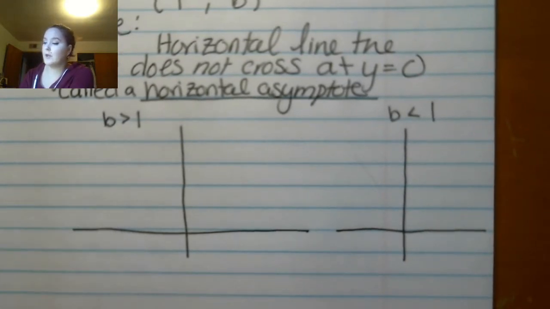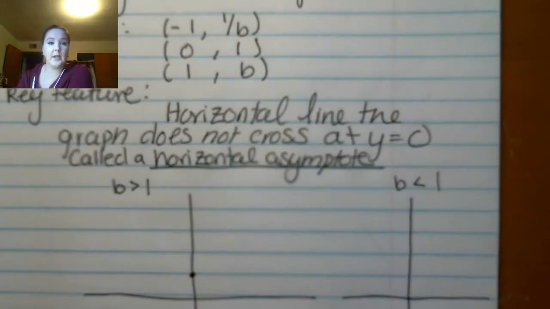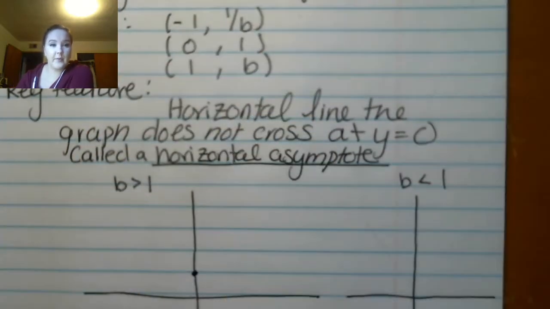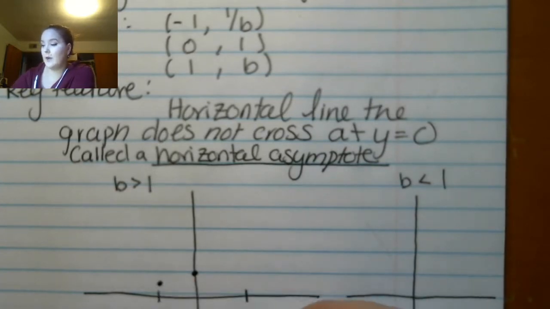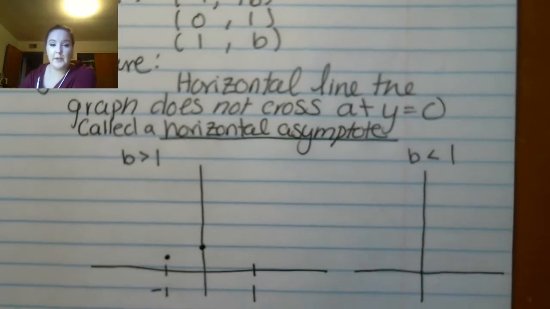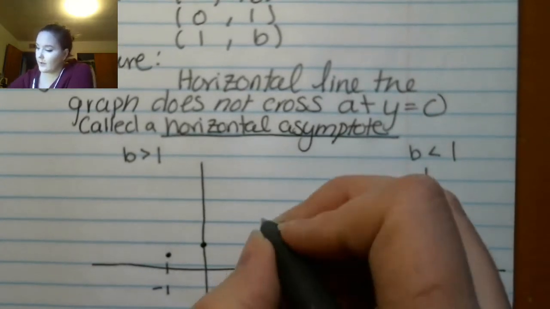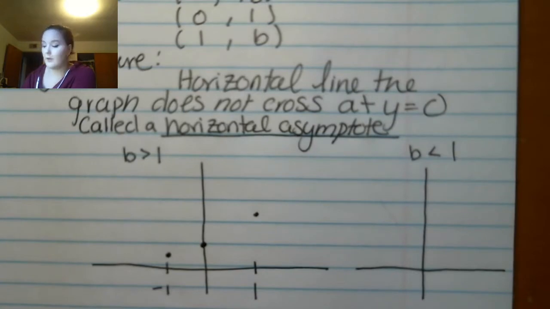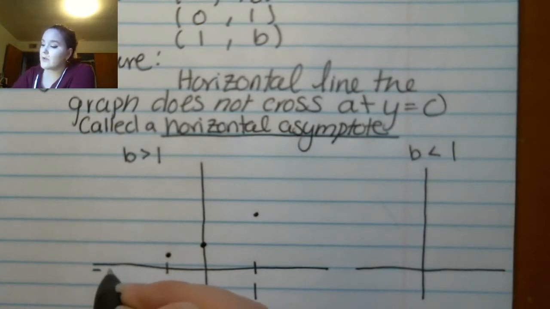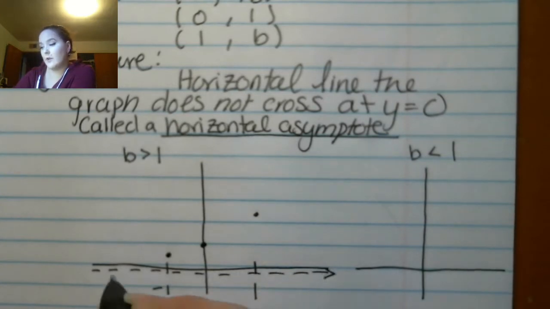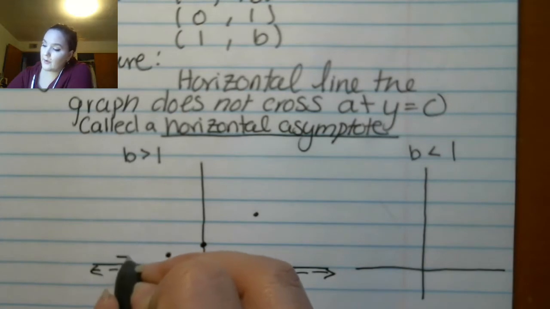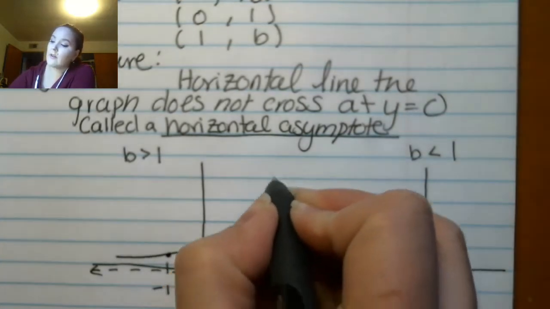So for b greater than 1, 1 over b, the first key point, is going to be a fraction, so that's going to be somewhere over here. And then at 1, the y value is going to be b, which would be greater than 1, so that's going to be somewhere up here. Then we have that horizontal asymptote along the x-axis here, and the shape of the graph looks like this.